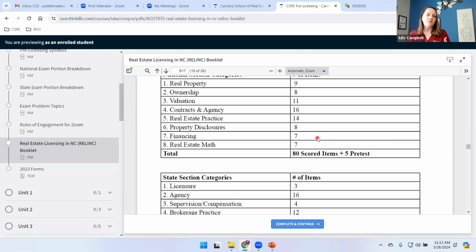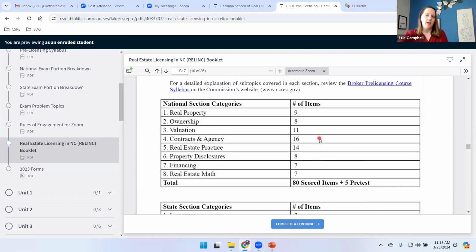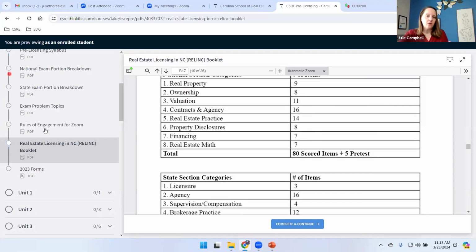And those 90 hours of post-licensing are broken down into 3 topics. Just so you know, one of those topics in post-licensing is agency. One of those topics is contracts. And the other topic is state-specific material. What's specific just to North Carolina?